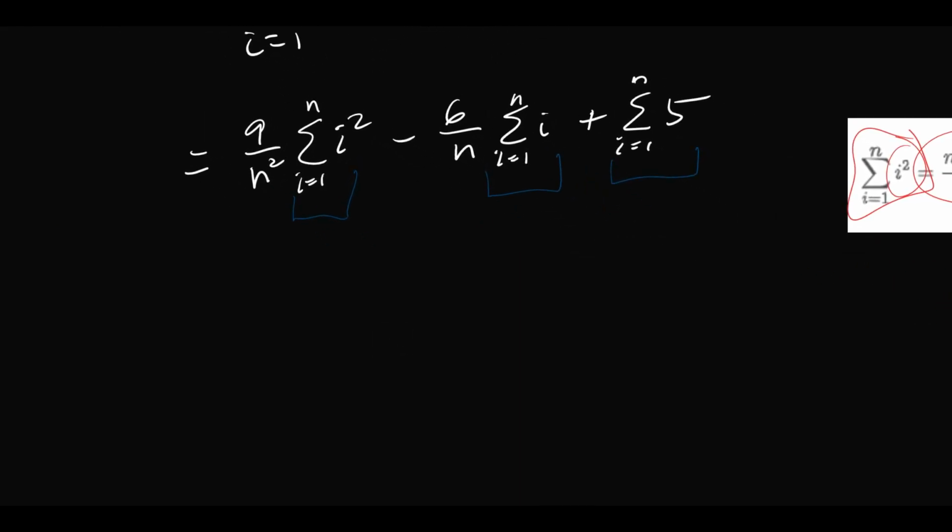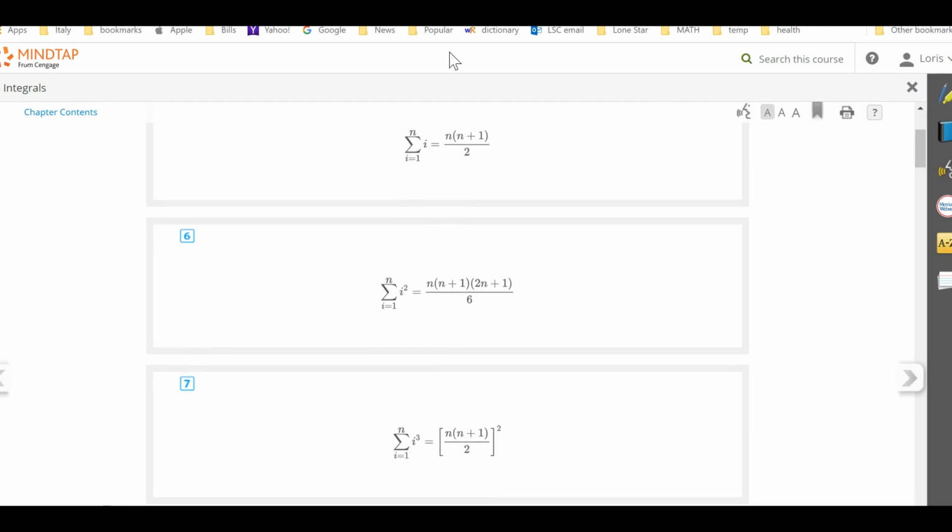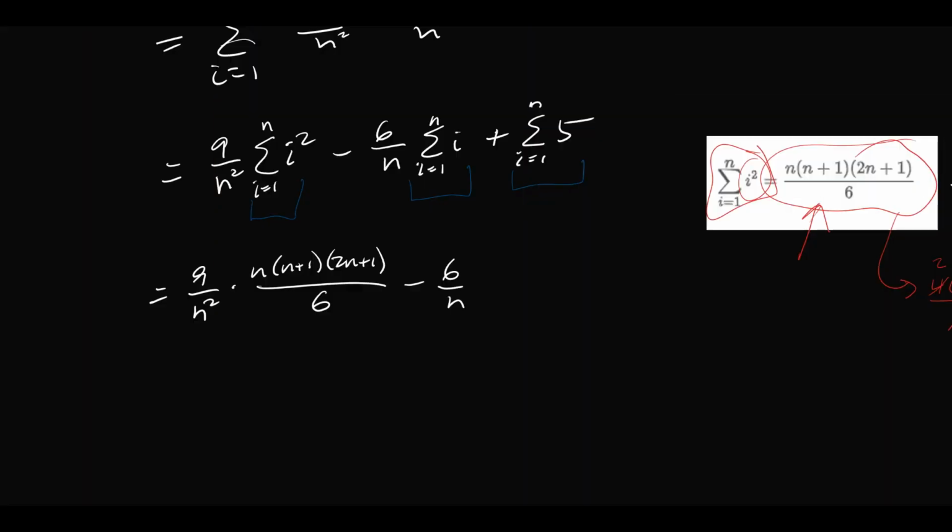So we get 9 over n squared times n times (n plus 1) times (2n plus 1) all over 6, and then minus 6 over n. And then the summation of i, you see that from the book, that one is n times (n plus 1) all over 2.